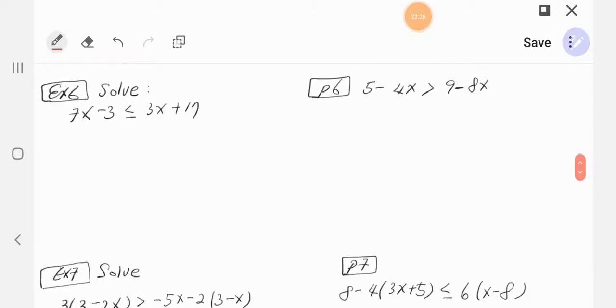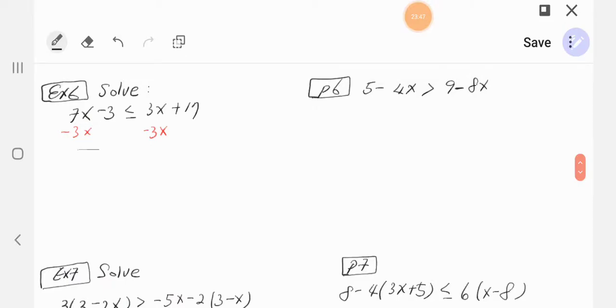Example 6. The x terms are separated, so let's collect 3x, moving 3x from right to the left. So minus 3x each side. Do we flip the symbol? No, because we are not multiplying. So leave the symbol.